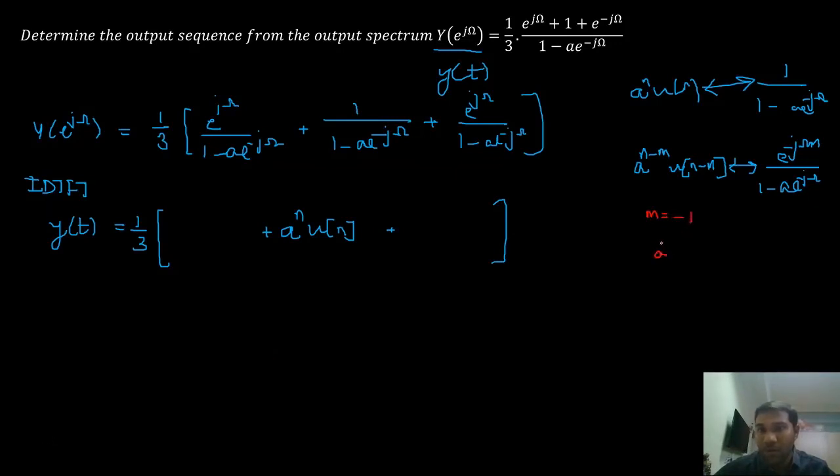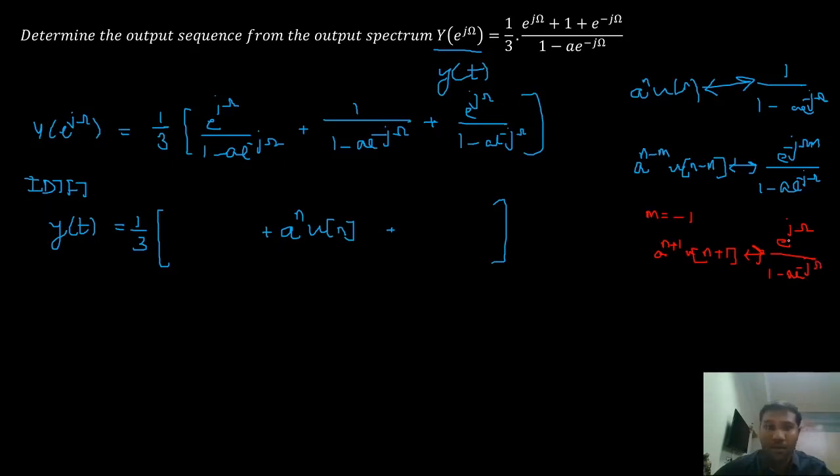A power n plus 1 into u of n plus 1, and the DTFT is going to be e power j omega by 1 minus a e power minus j omega.